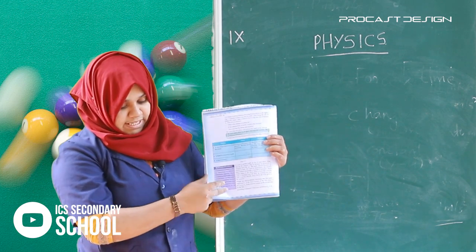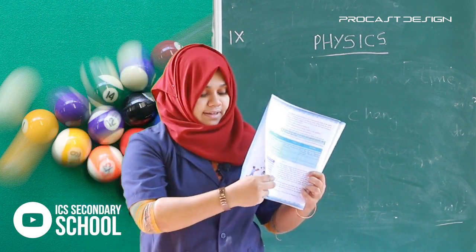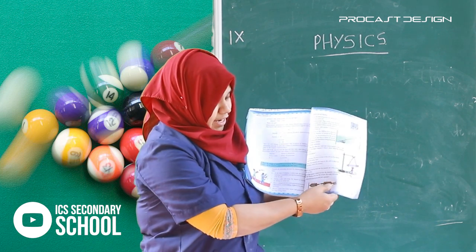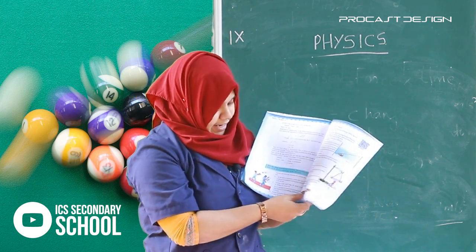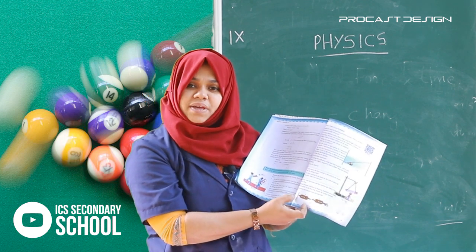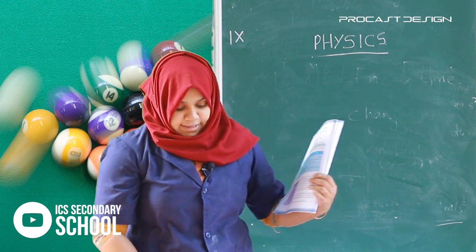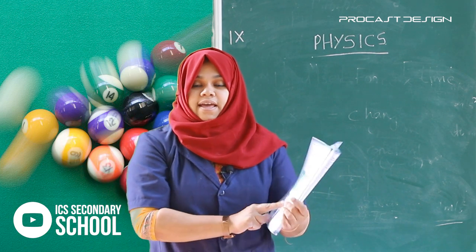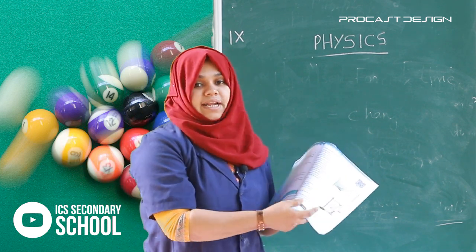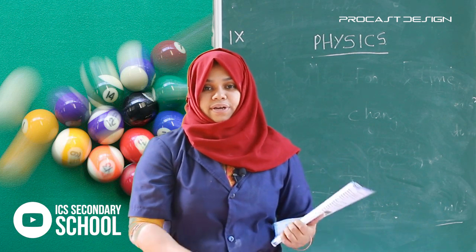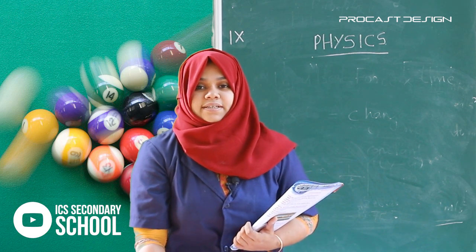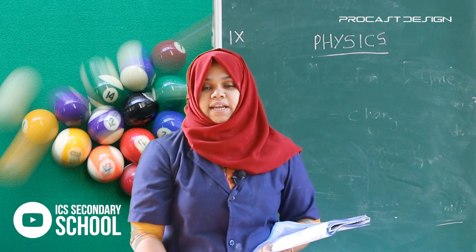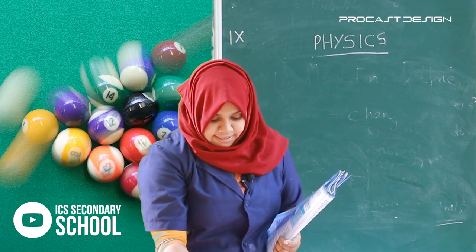The applied force is the action. What is the reaction? The reading on B is the reaction. How much are the action and reaction here? Action is 50 Newton, reaction also 50 Newton. Action and reaction have the same value, and they are opposite also.